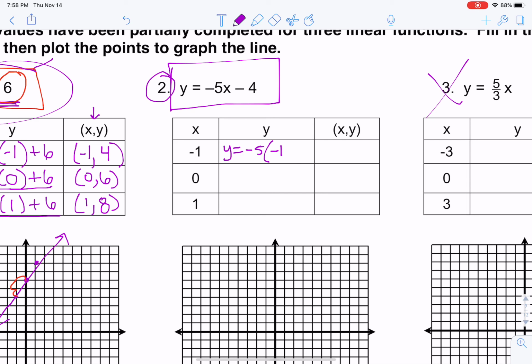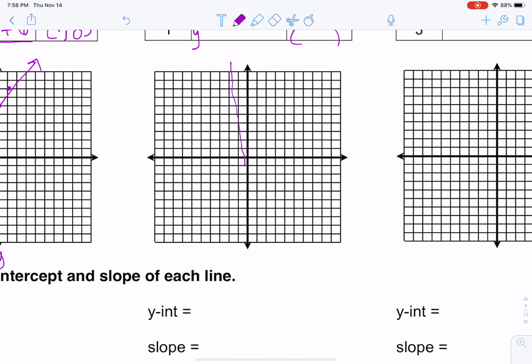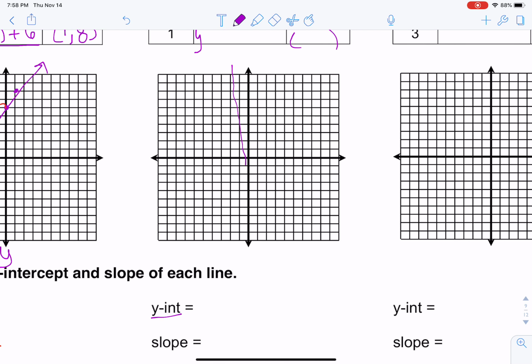You guys are going to plug in -1 and try to get your ordered pair. So -5 times -1 is +5, minus 4 is 1. So there's your first ordered pair. I'd love it if you could finish these off, get your ordered pairs, plot the line, and then figure out what your y-intercept and your slope are. Okay?